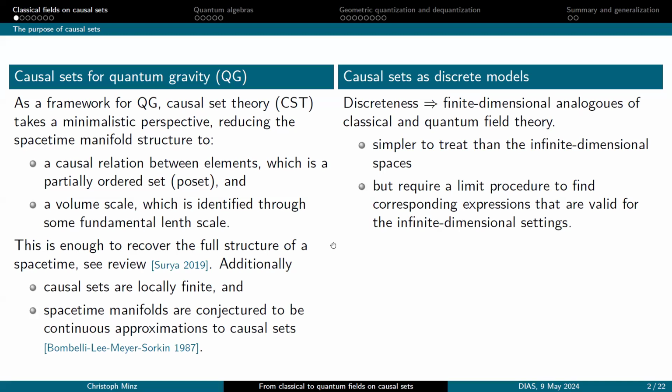Well, the point is that if you have just a discrete structure like these causal sets, then of course this is not a differentiable manifold. It doesn't have any manifold structure. So actually, if you want to do physics on a space-time, then usually you rely on forming derivatives, having vector fields, and things like that, which is all a bit different on a causal set because it's just a discrete set of points.